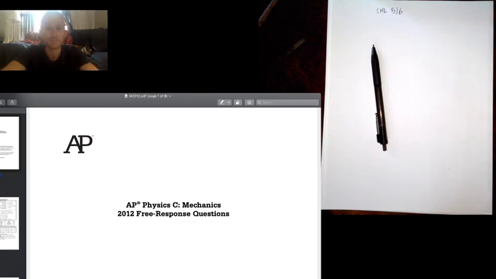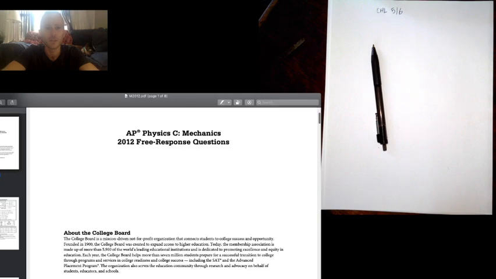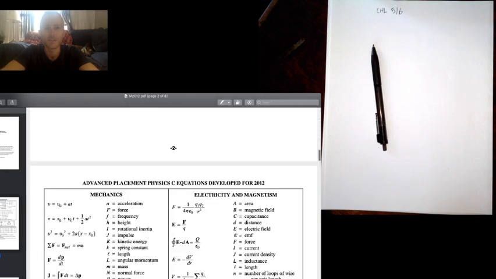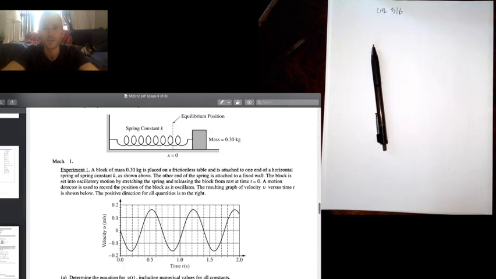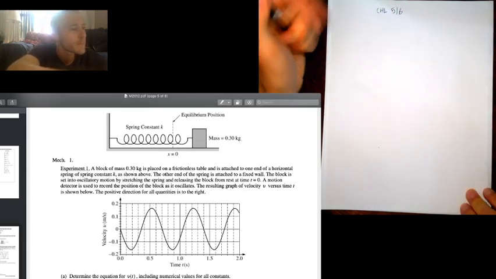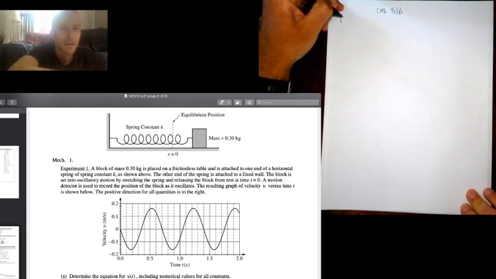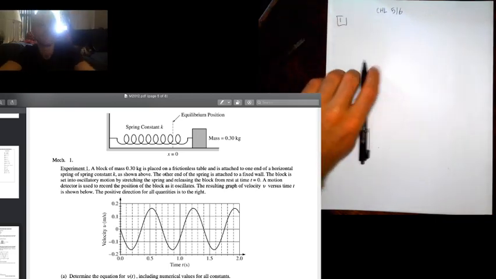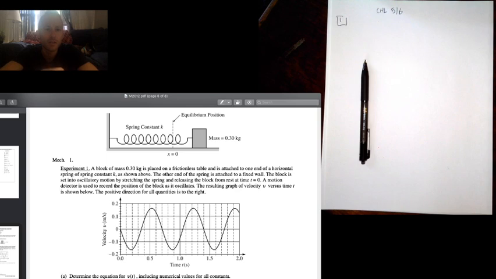Okay, so let's get into it. This is the 2012 free response, and we're on question 1. It says, Experiment 1, a block of mass 0.3 kilograms is placed on a frictionless table. There's a spring.